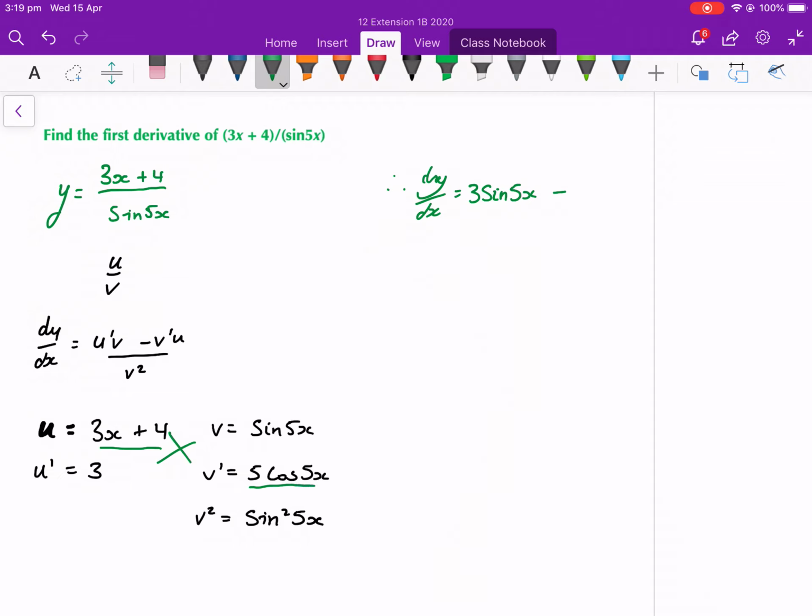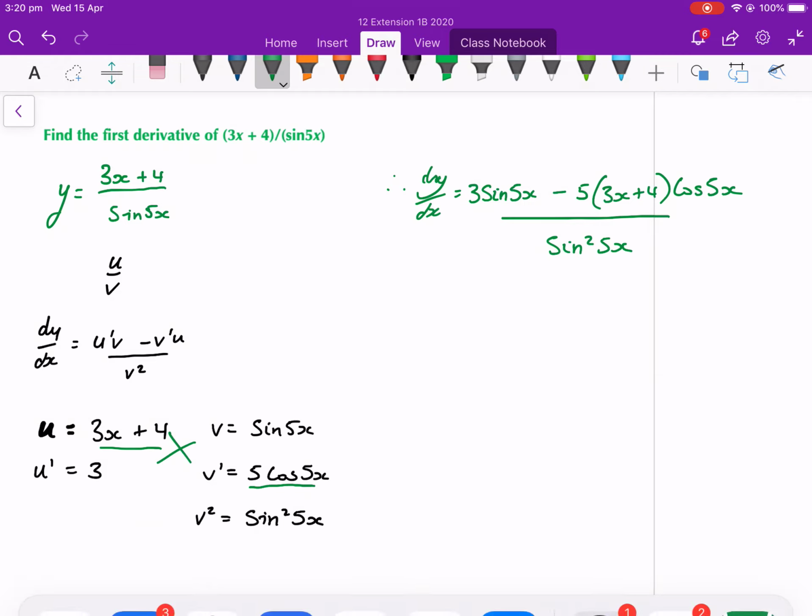We can write this multiplication in any order, so I'm going to put the 5 out the front, then 3x plus 4, cos 5x, all over v squared, which is sine squared 5x. I'm going to leave that there. We could expand this bracket out, but that's not really going to be of any serious advantage, so we can leave it in that form. Alright, and that's using the product rule and the quotient rule to differentiate some trigonometric functions.